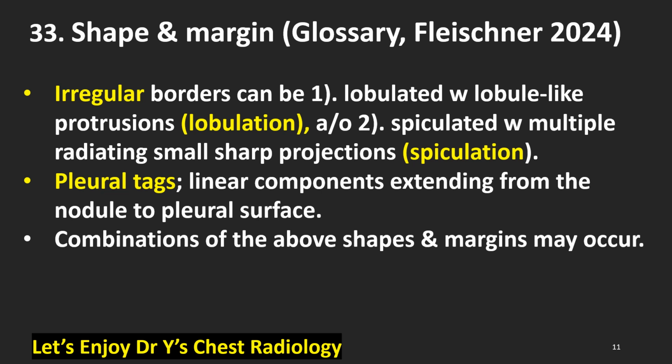These two terms are important, lobulation and spiculation, because they might be lung cancers. And pleural tags: linear components extending from the nodule to the pleural surface. Combinations of the above shapes and margins may occur.